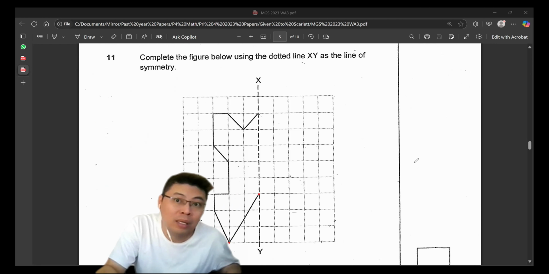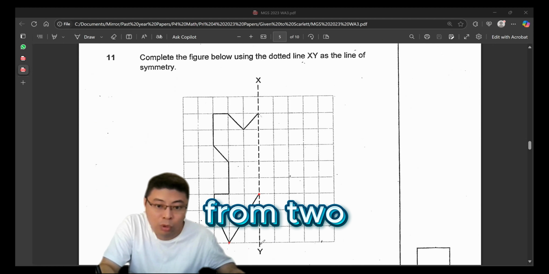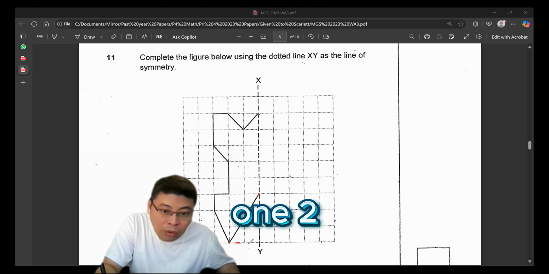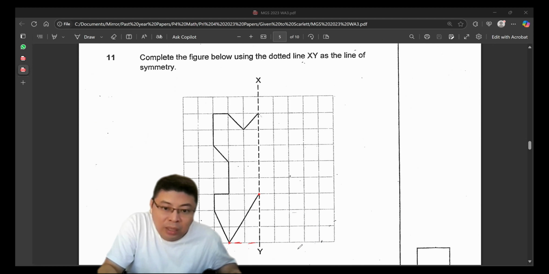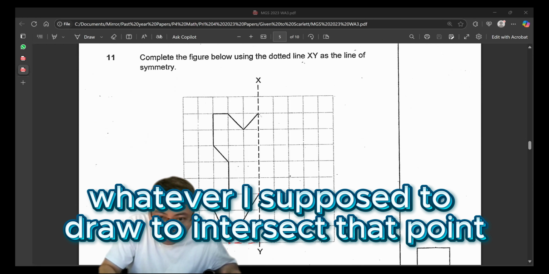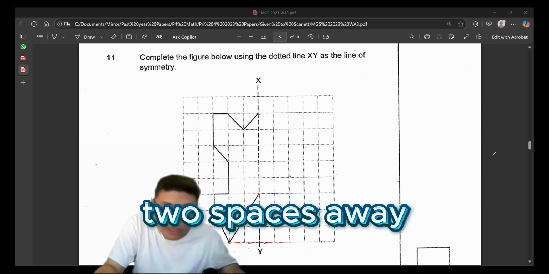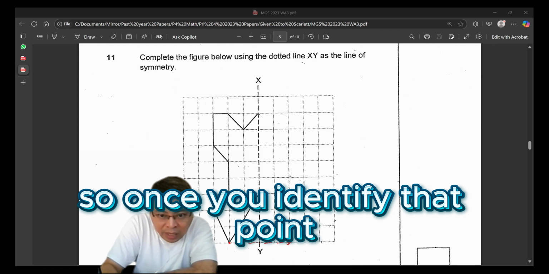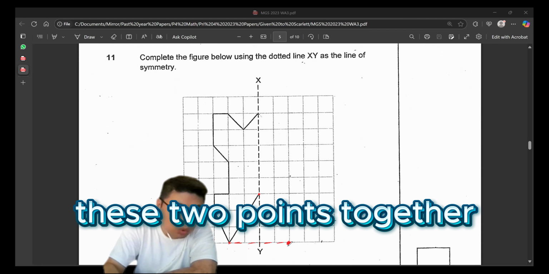You tell me. 1, 2. So same thing. If this point is 2 spaces from this line, then the point I'm supposed to draw to must also be 2 spaces away. Once you identify that point, you quickly use a ruler to join these 2 points together.